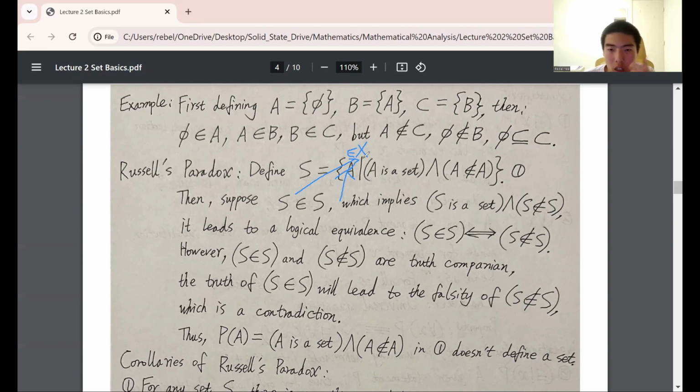But if S is in the set X, then S does not belong to A, so S does not belong to S. Then this condition says S does not belong to S, because the set S is contained in X. In this case, S must not be in X. So this is a solution for solving Russell's paradox, by setting an original set X that the elements belong to.